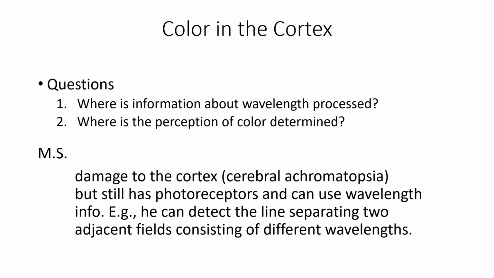That's why I have on a previous slide, in brackets, are they differentiated? Is it more sensitivity to differences in gray? Because it's still going to be harder to pick blackberries and do that kind of thing, but wavelength information can be maintained when we lose our ability to see color. And then a separate question is: where is the perception of color, the actual experience of color, determined?